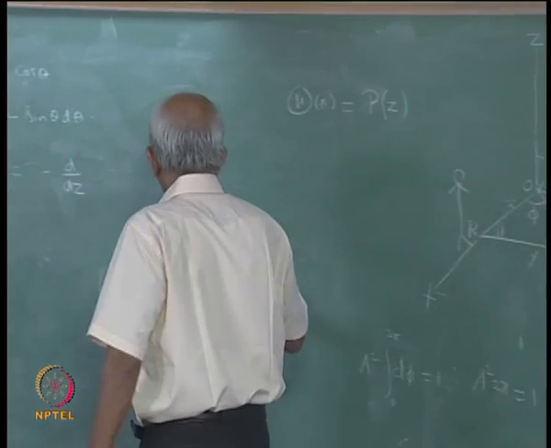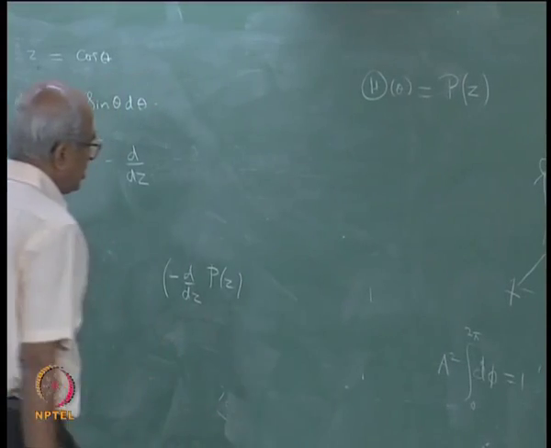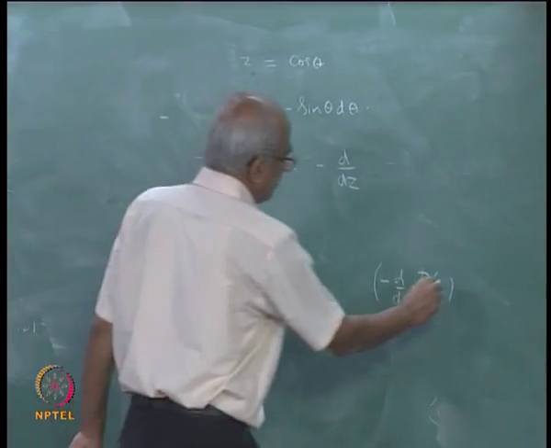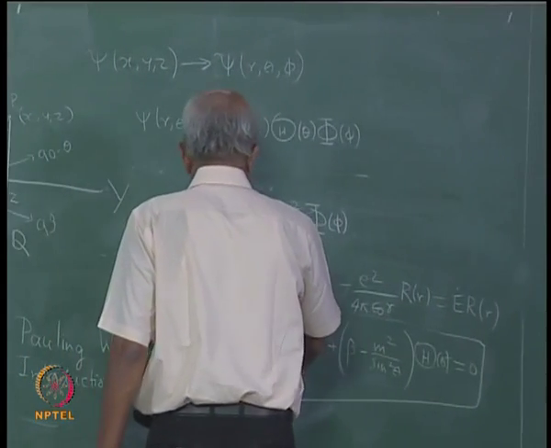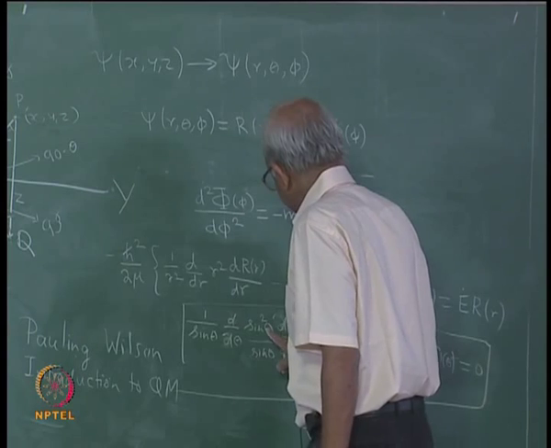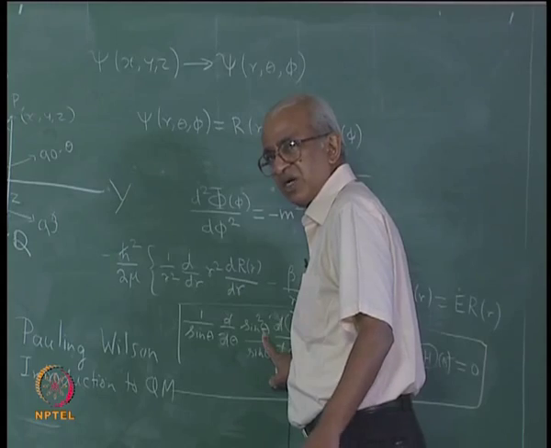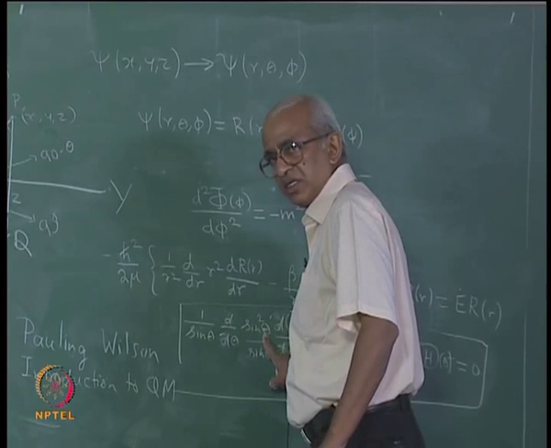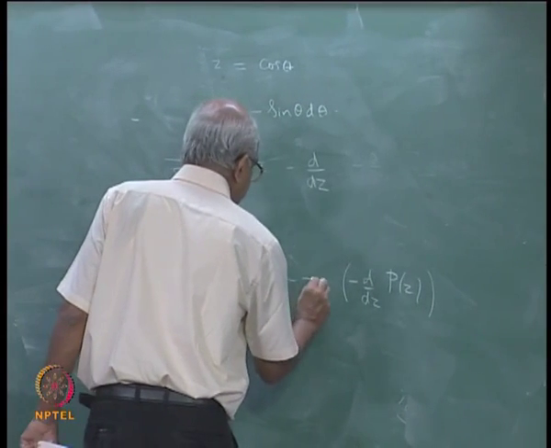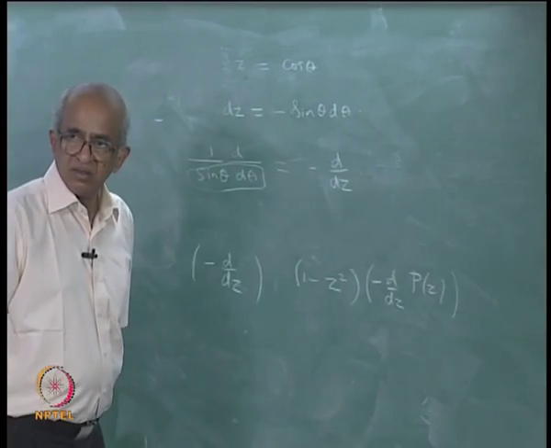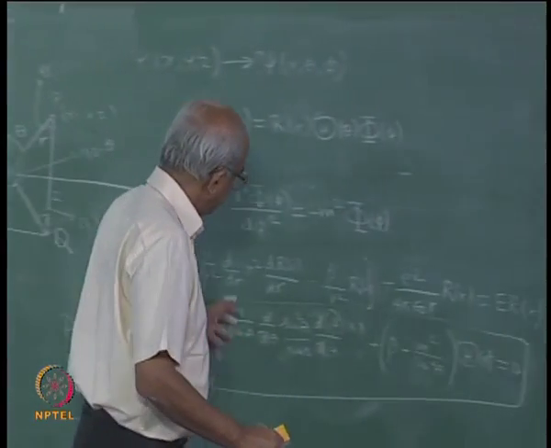So, P is defined to be equal to capital theta of theta. I have written sin theta d theta, and I should take care of sin square theta, but I know that sin square theta is 1 minus cos square theta. So, I can account for that by putting a 1 minus z square here. Therefore, I have taken complete care of this part of the equation.